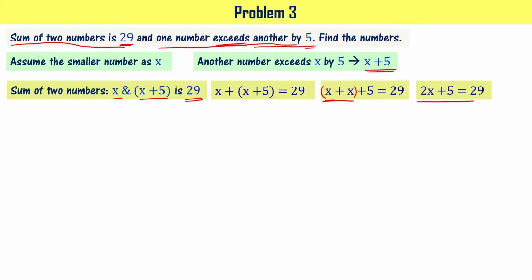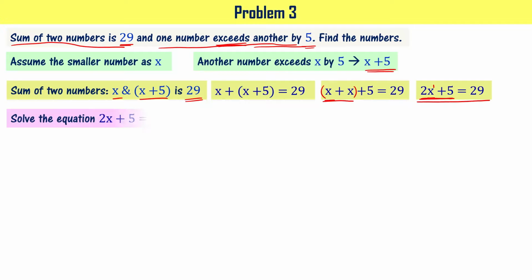Look at this equation. It has only one variable. Its power is 1. That's why the degree of this equation is 1. It means it is a linear equation, and a linear equation having the variable on only one side, right?